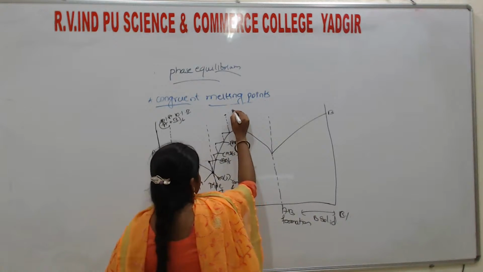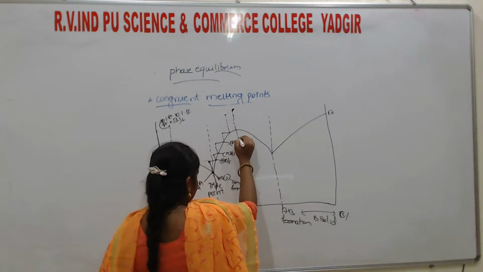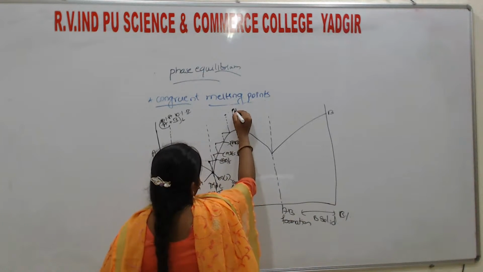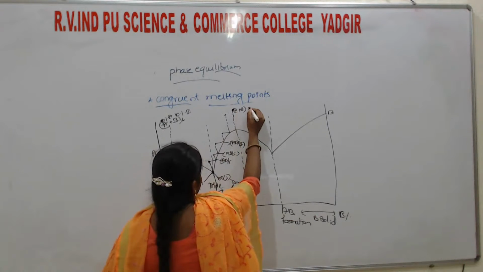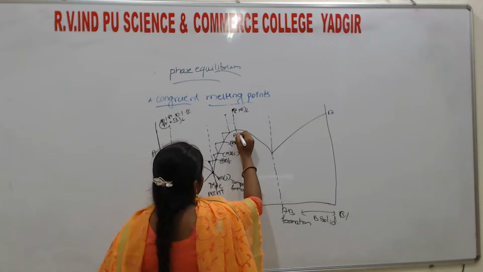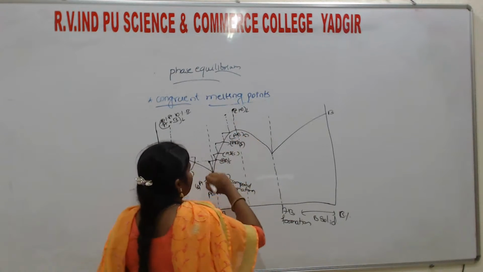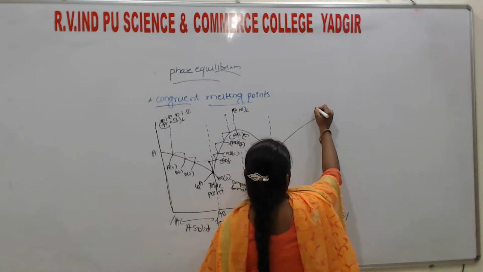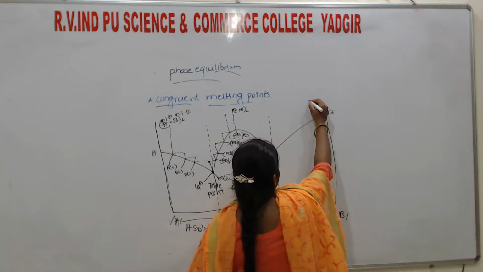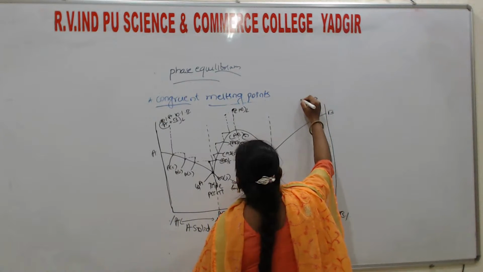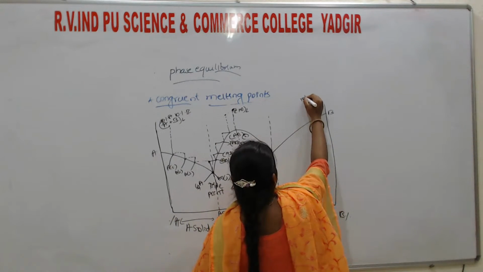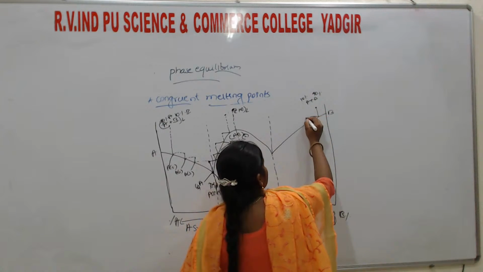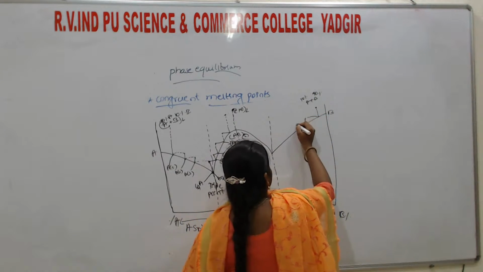At this particular point, A plus B is a liquid and here AB is a solid. Here A is 10% and B is 90%, and here the composition changes.